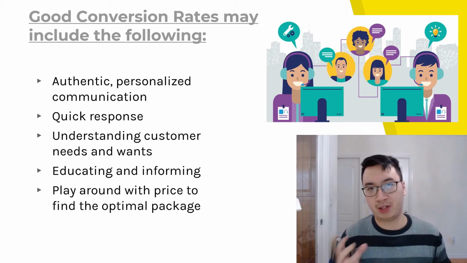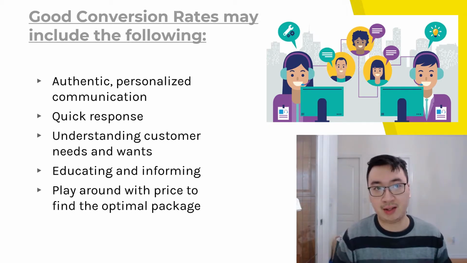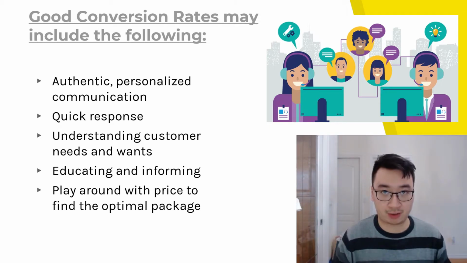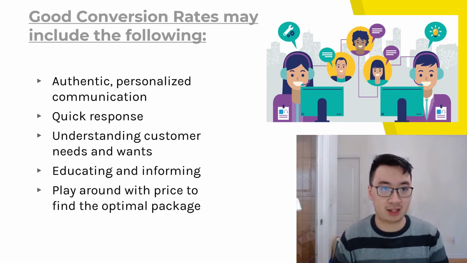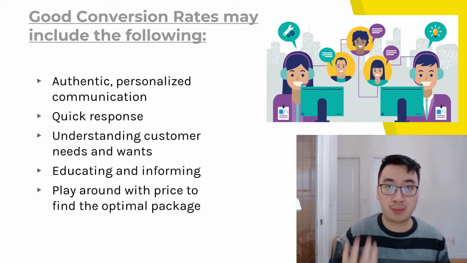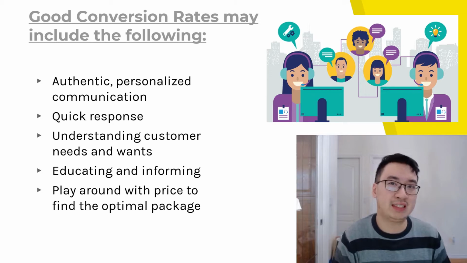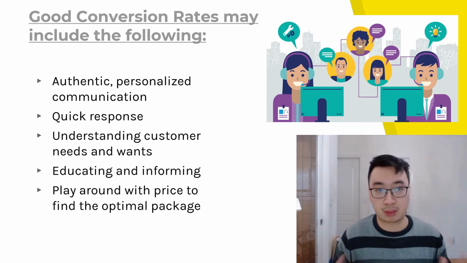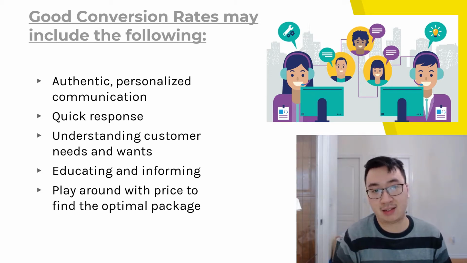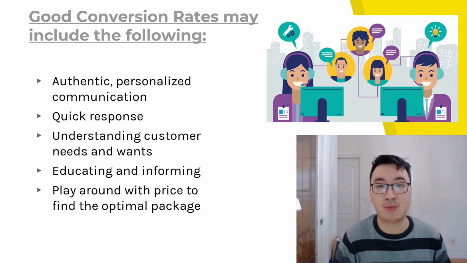So when I think about good conversion rates, I think about some of the following characteristics. And these are things that you can do in your business that are relatively easy to implement. One of the most important things I think is authentic, personalized communication.